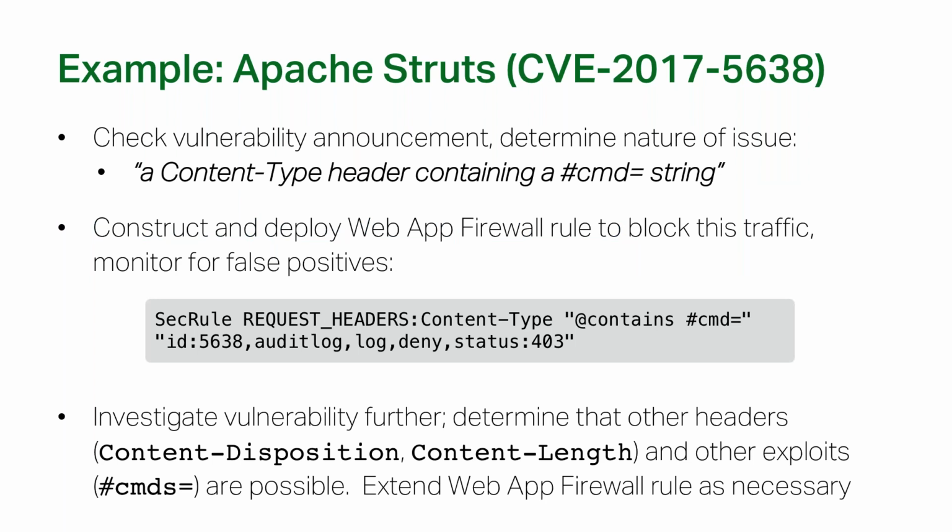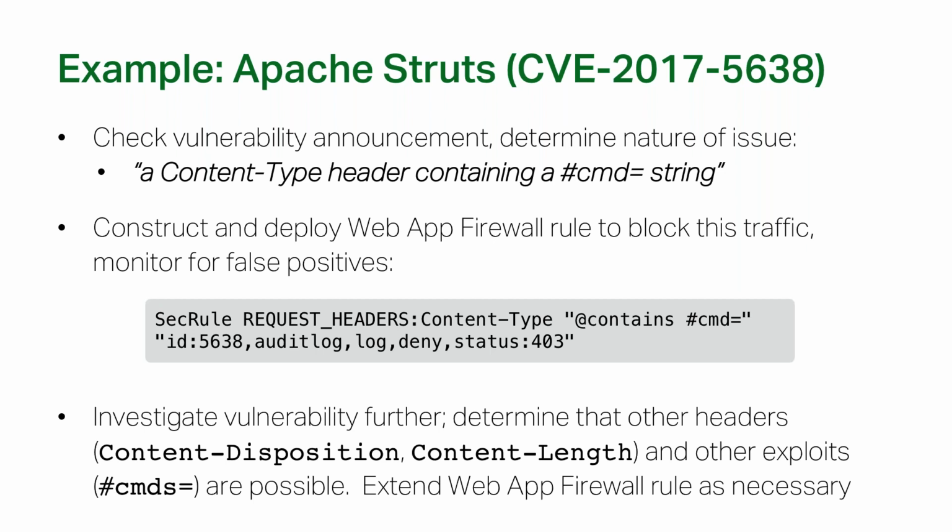As an end user responsible for a web application, how should you respond once you become aware of a vulnerability of this type? Using ModSecurity, what we would recommend is that as you track these notifications, inspect and understand the nature of the vulnerability so that you can then determine what an appropriate response would be.